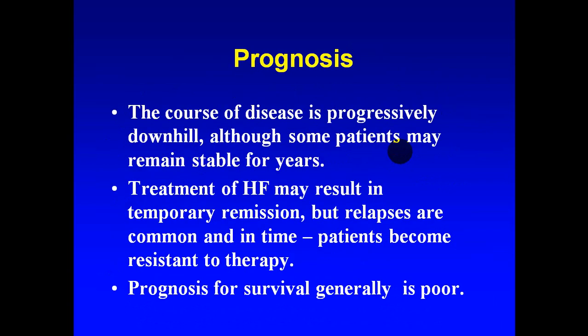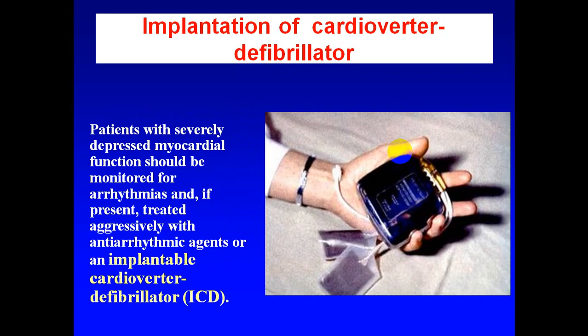Prognosis: the course of disease is progressively downhill, although some patients may remain stable for years, and they are unlikely to recover. Treatment of heart failure may result in temporary remission, but relapses are common, and at times patients become resistant to therapy. Prognosis for survival in general is poor.